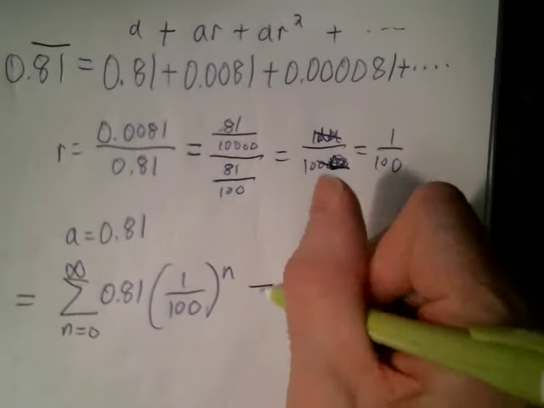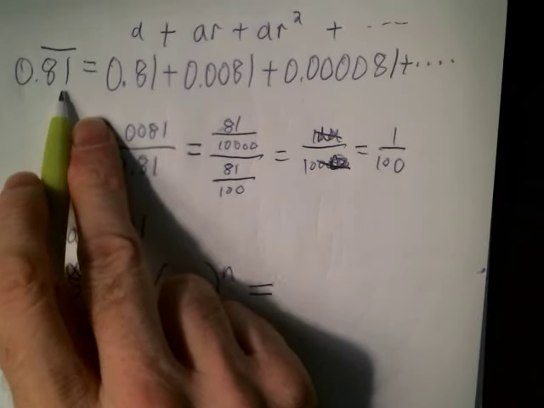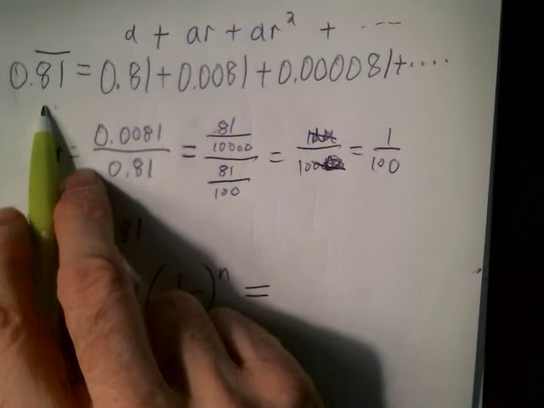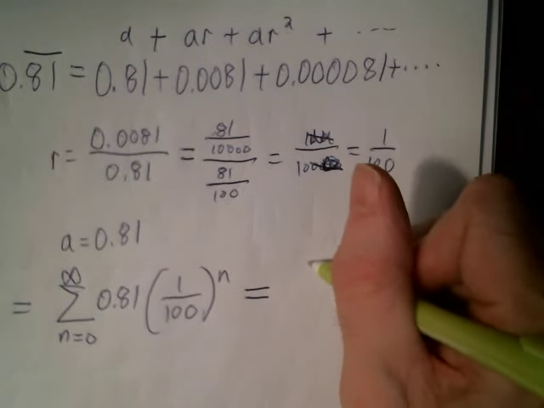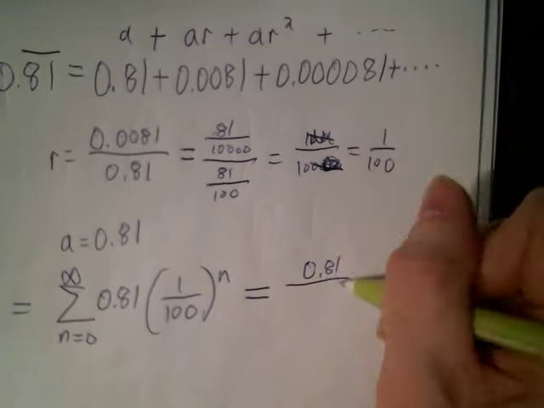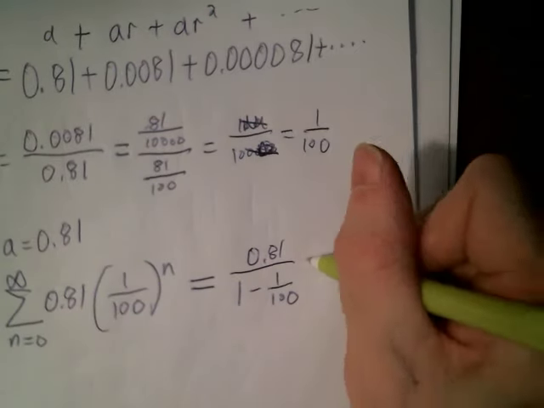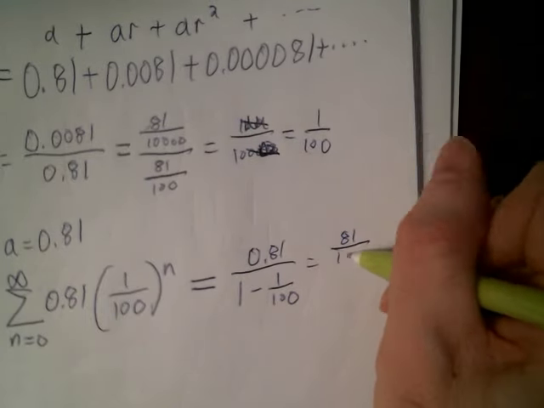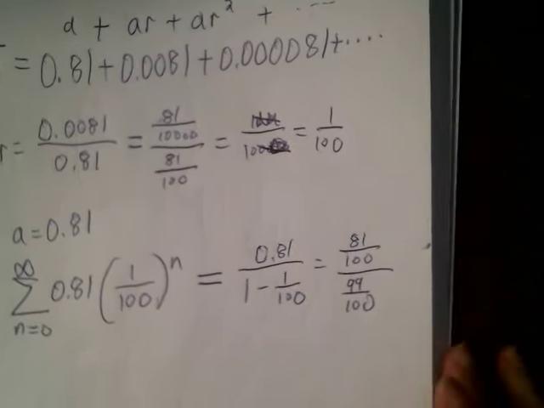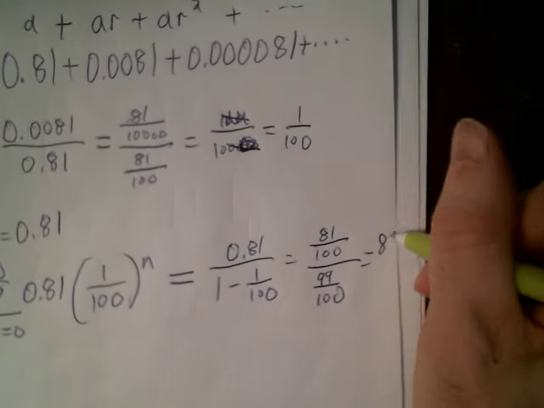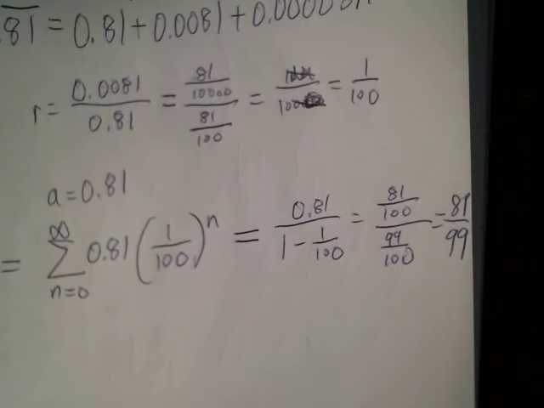In that case, we can also get the rational form, in other words the fraction form. It's A, which is 0.81, all over 1 minus R. So this will be 81 over 100, all over 99 over 100. Multiplying by reciprocals, it's 81 over 99. 81 99ths.